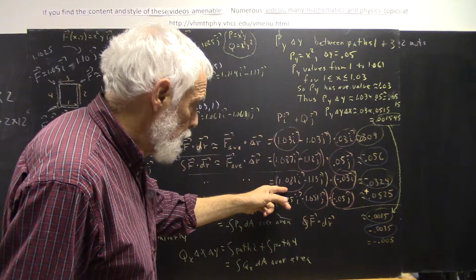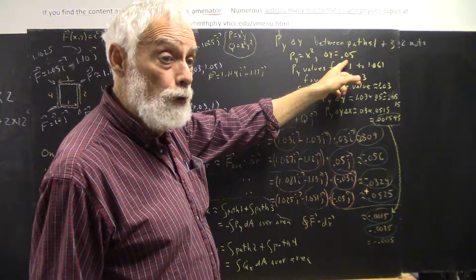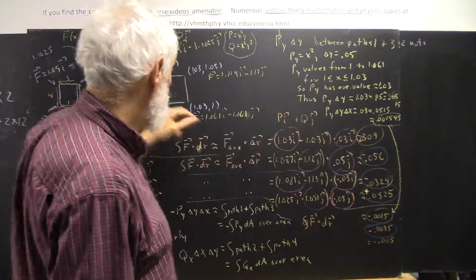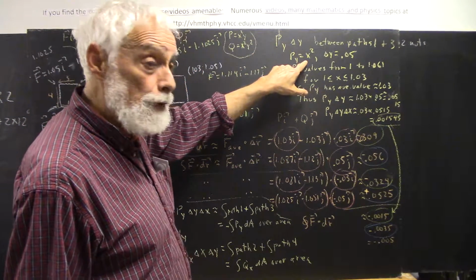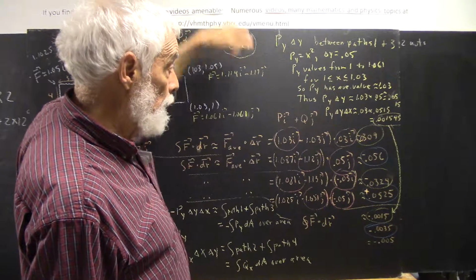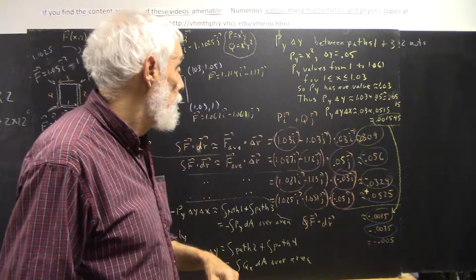It's the rate of change with respect to y multiplied by the 0.05, which is the change in y. Okay, so P sub y is the rate of change of this function with respect to y, and y changes by 0.05.